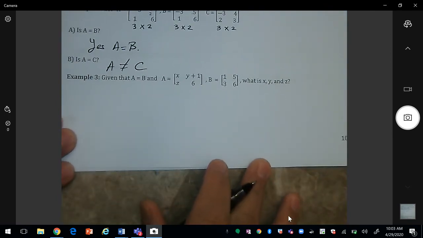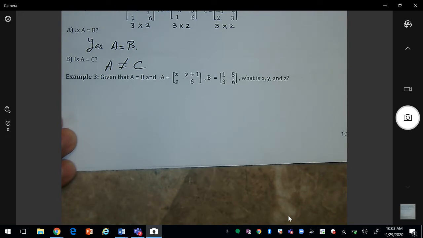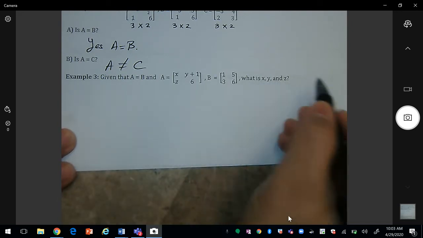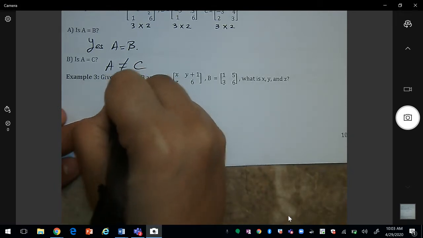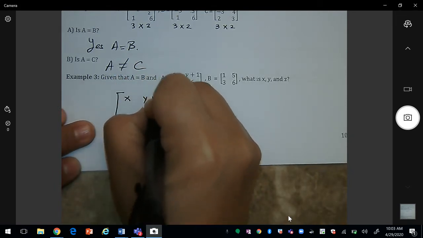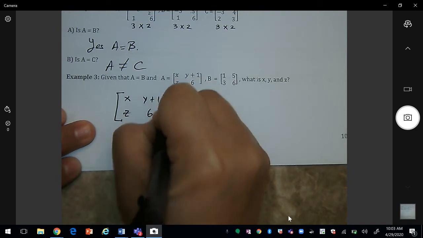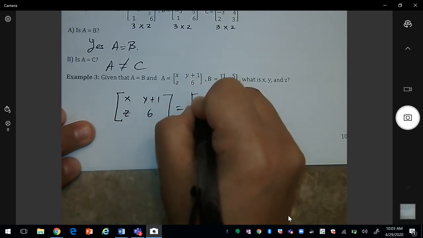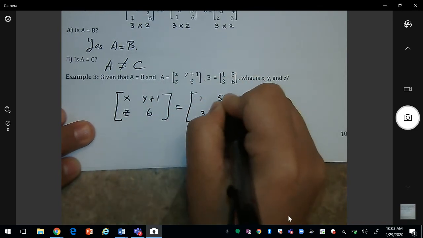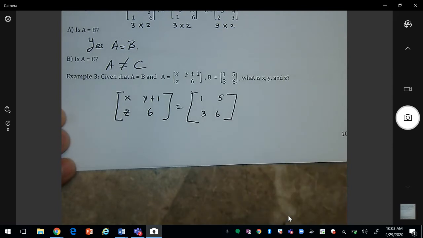Given that A is equal to this matrix and B is 1, 5, 3, 6, we want to find what X, Y, and Z are. The only thing we know so far is that the two matrices are the same. So I'm going to rewrite them and set them equal to each other. Since they're equal, we know that, one, their order is the same, and two, the corresponding entries are exactly the same.